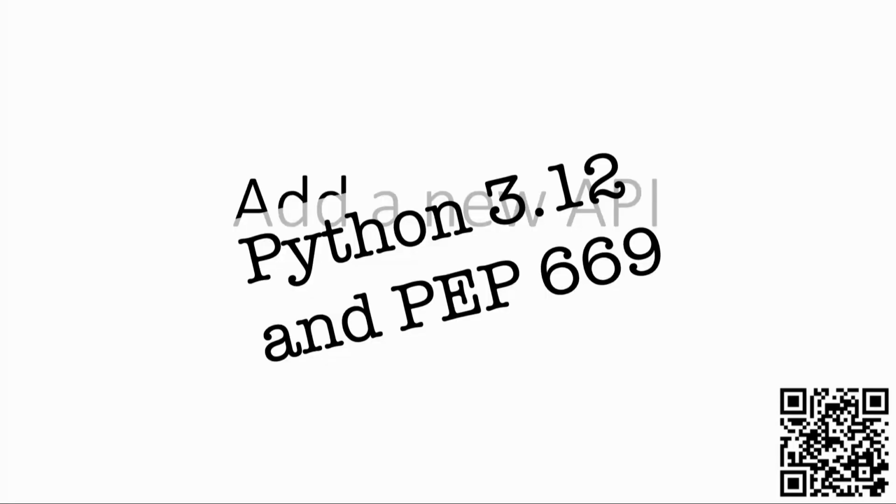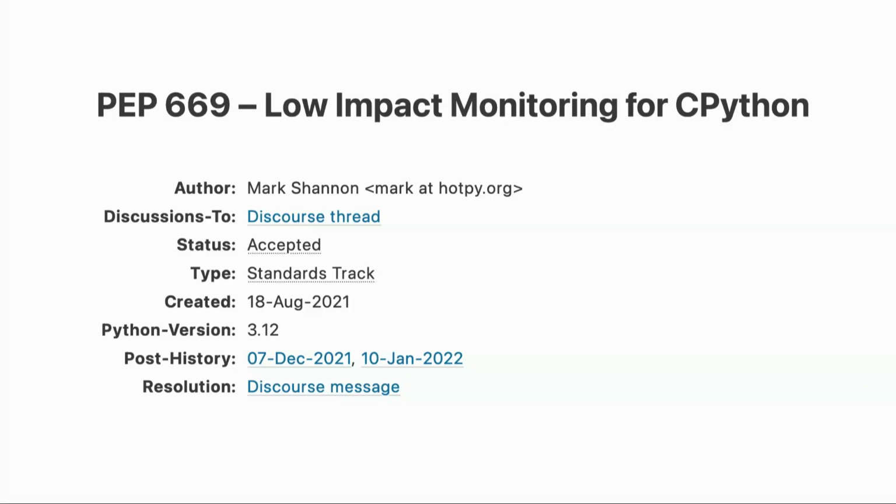I put a QR code there. So the Python enhancement proposal is called Low Impact Monitoring for CPython, and it was done by Mark Shannon. He started it like in 2021, and it took some time till it got properly accepted, but it's in now, and people like it, so that's cool.